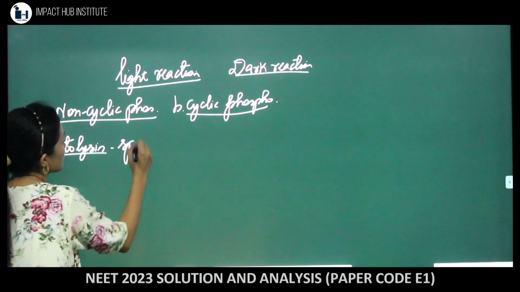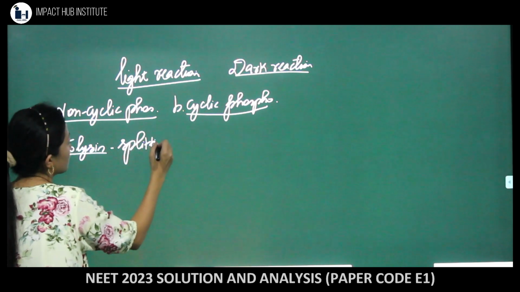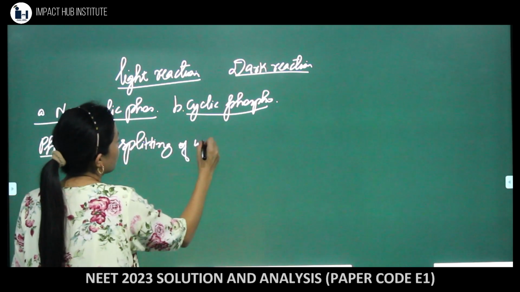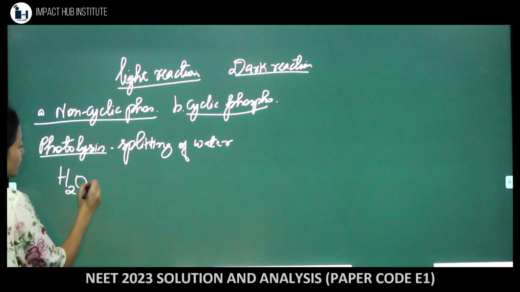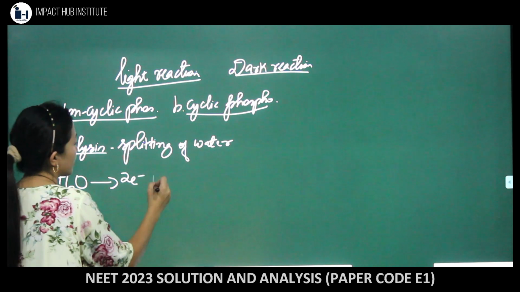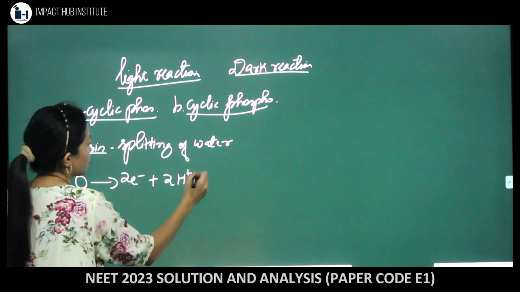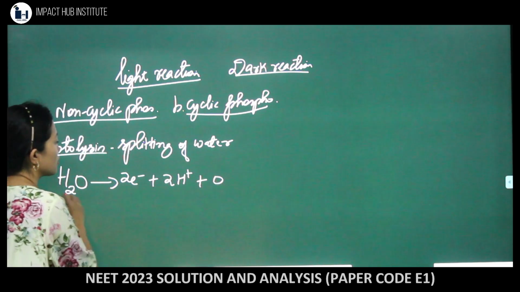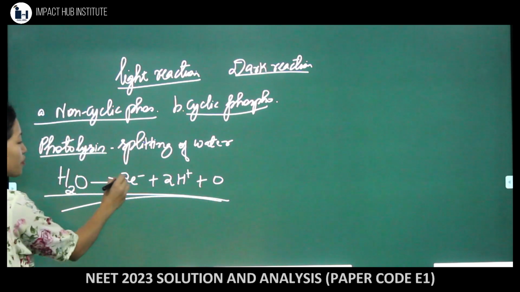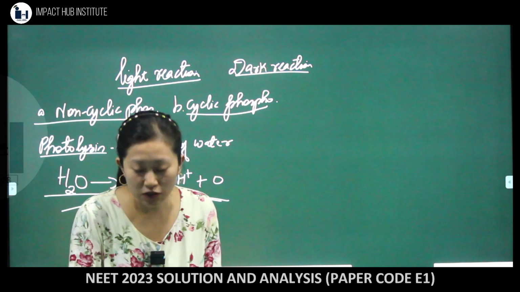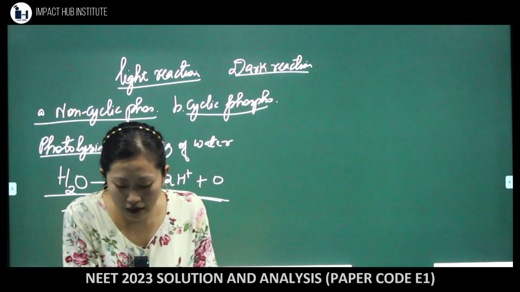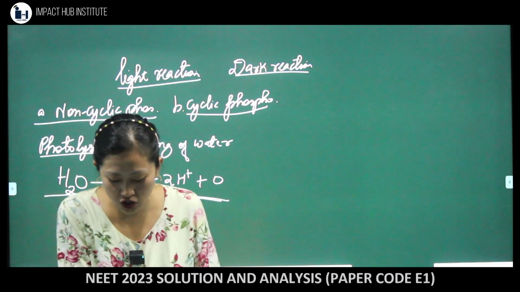Photolysis means splitting of water. Here water will split into a pair of electrons, a pair of protons, and nascent oxygen. This is done to replace the electrons that are lost in non-cyclic phosphorylation.